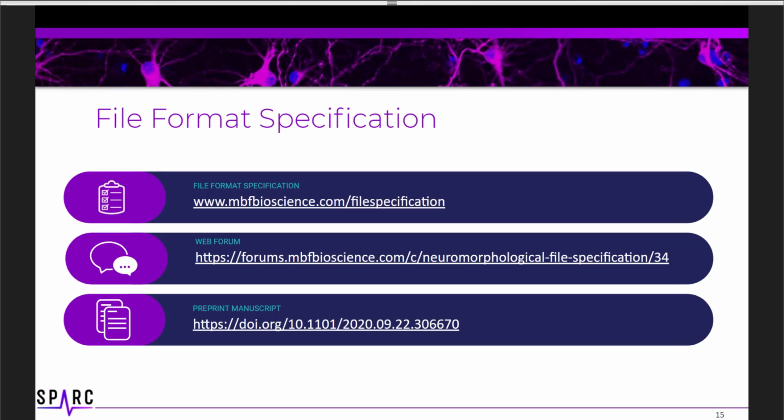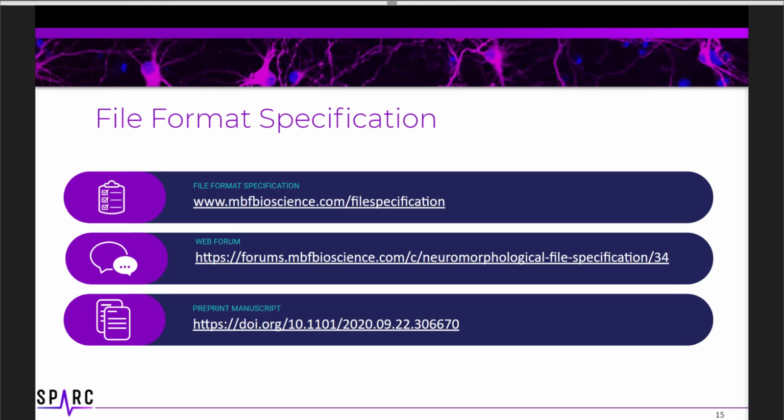To make the data output FAIR and allow tool builders like API engineers to ingest the data produced by MBF Bioscience, we have fully documented our file format, and it is available to the public. You can see the link to the file specification on the slide here, www.mbfbioscience.com/file specification.